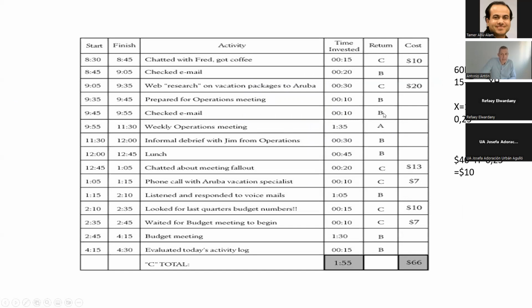A and B enable value, so we forget activities A and B. I'm focusing only on the activities that don't bring us value, like the activity chatted, or activity B, or looking for or waiting for a budget meeting forever.